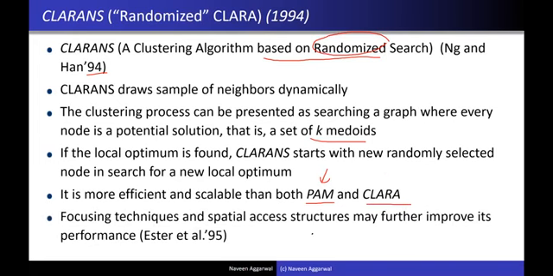That's why, with spatial access data structures, people have improved the performance of these algorithms a lot. Whenever clustering algorithms have to be applied to image processing, they are modified in a different way. When applied to spatial data, they are modified in different ways.